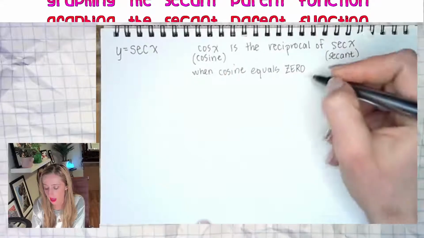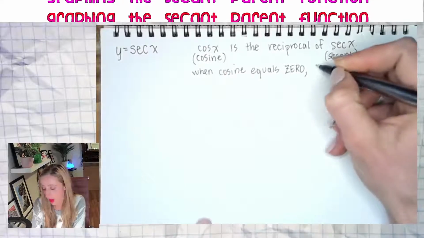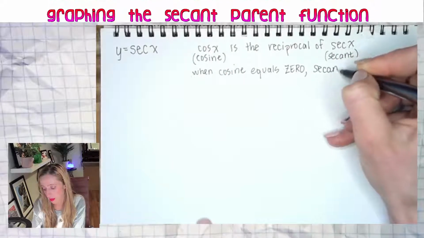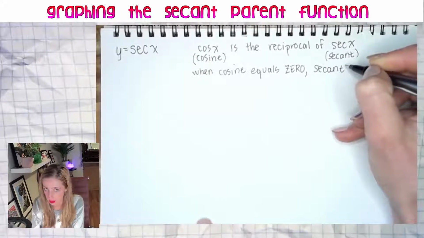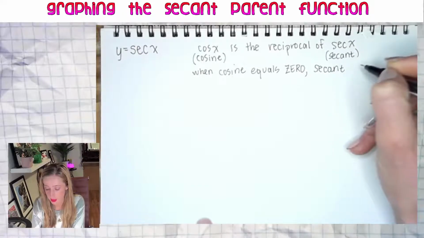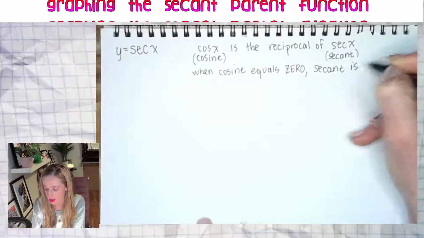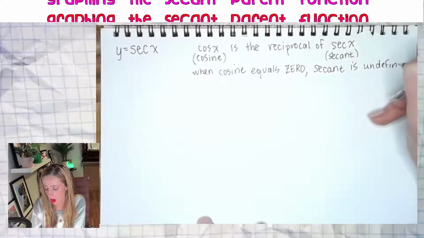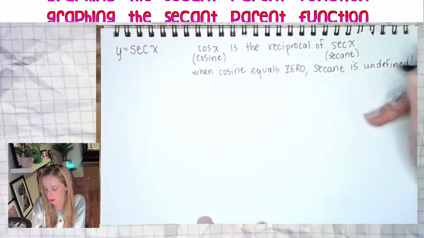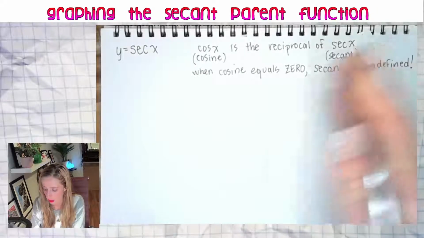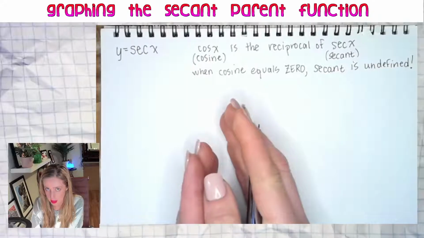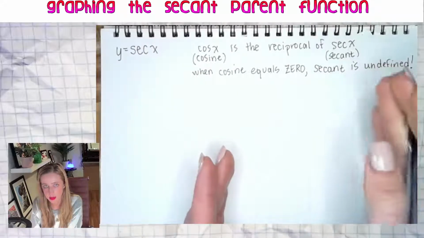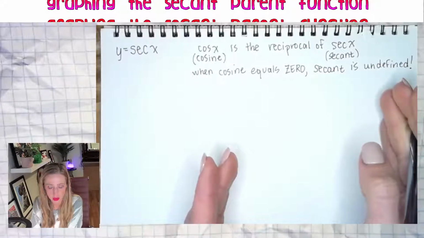When cosine equals 0, secant is, do you know the answer to the rest of my sentence, undefined. Remember, they are reciprocals. Now, that means where cosine has an x-intercept, secant has a vertical asymptote.